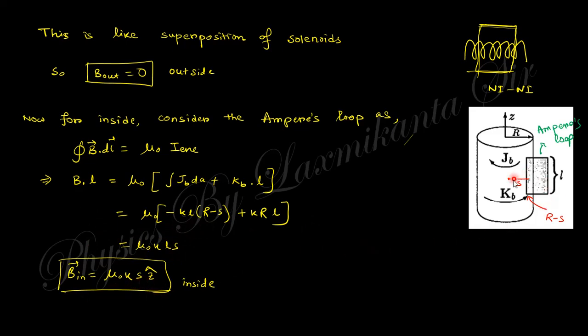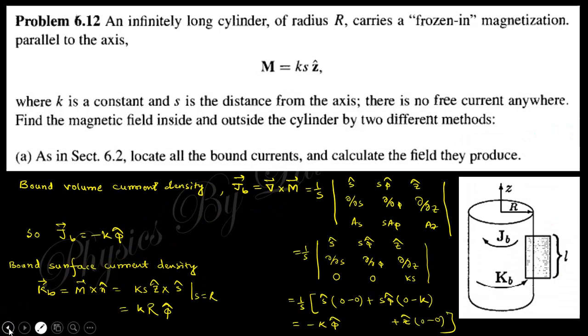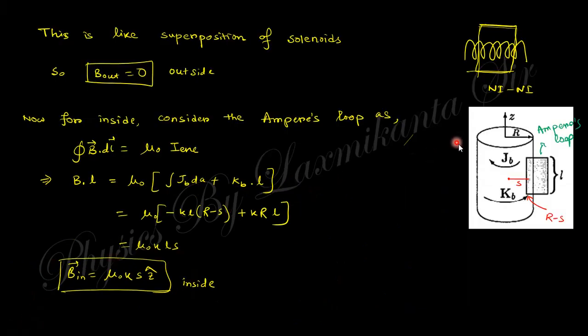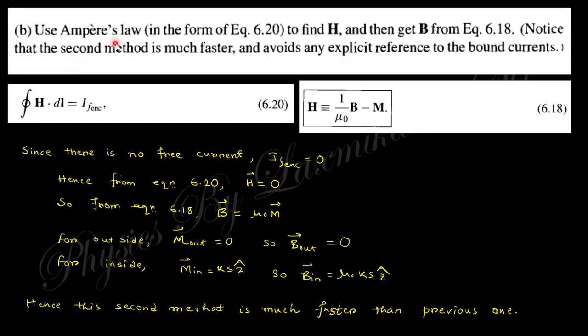So this magnetic field is along the Z direction, that is the direction of magnetization. So the magnetic field will be along the magnetization. Now use Ampere's law 6.20, which is H dot dl equals I_f enclosed, the free enclosed current.